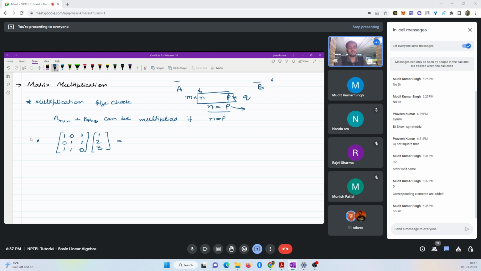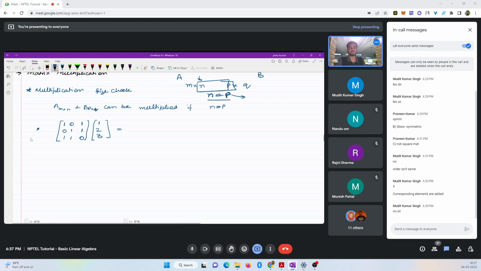So if my N is equal to P, then only I can multiply two matrices. Okay. This is one thing. Let's check this in case of this matrix. Its size is 3 cross 3. This one has 3 rows, 1, 2, 3. This is 3 cross 1. So this matches. That's why I can multiply these two matrices.